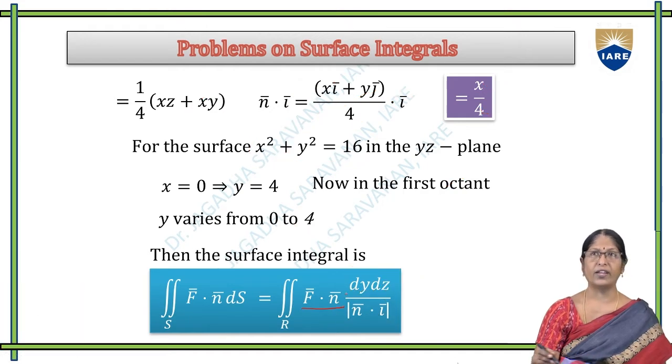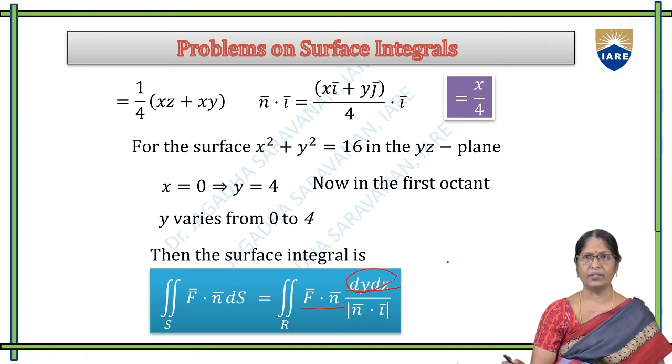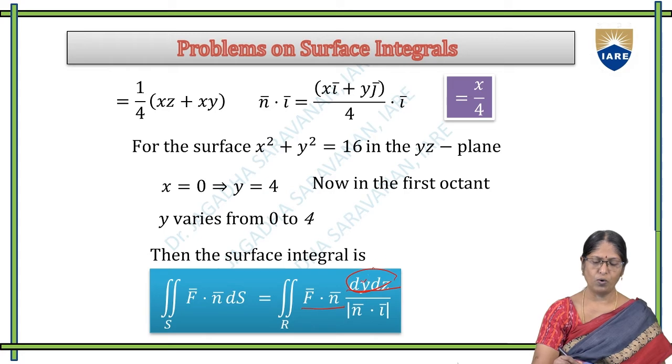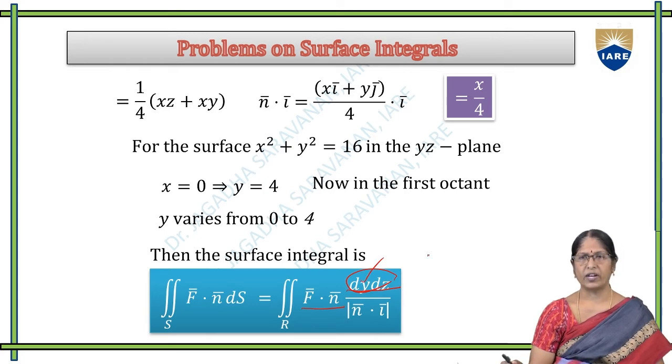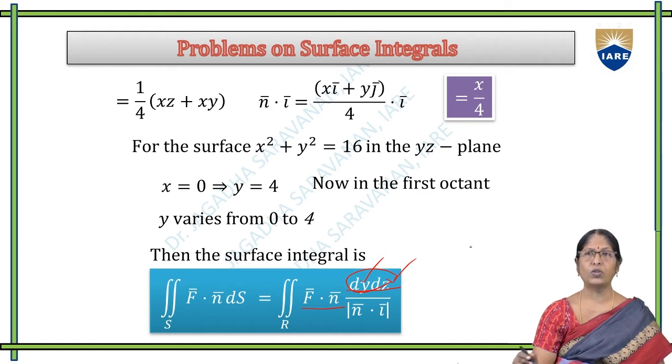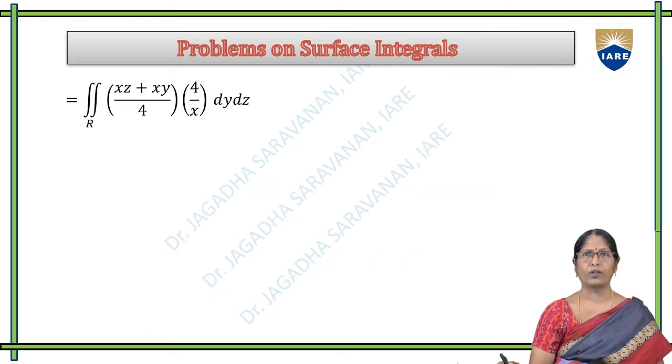we calculated f dot n, and we will write it as it is. We also know the limits of integration for y and z, which we already calculated, and n dot i, which is calculated and is nothing but x by 4.